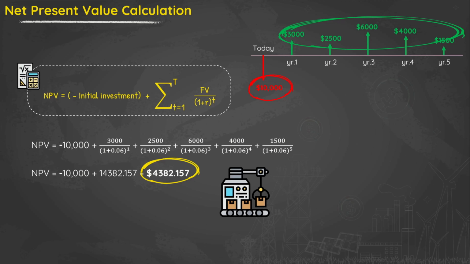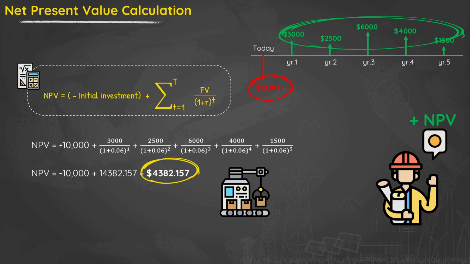It means that only investments with positive NPV should be considered. But what if you have a project with 2 alternatives and both have a positive NPV? Then the alternative with the higher positive NPV is going to be the more favorable option to choose.